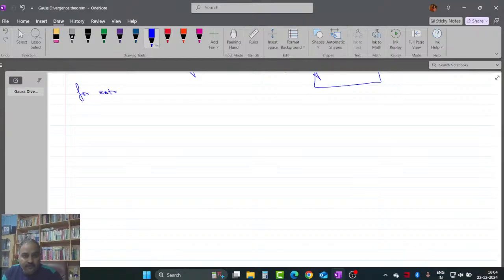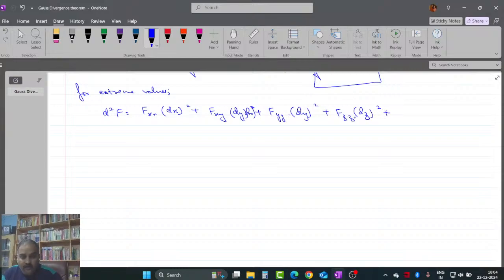For extreme values, d2f will be equal to f of xx dx square plus f of yy dy whole square plus f of zz dz whole square plus 2 times f of xy dx dy plus 2 times f of yz dy dz plus 2 times f of zx dz dx.